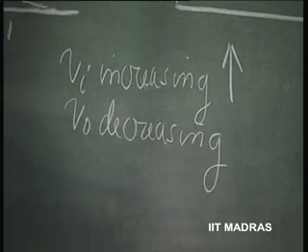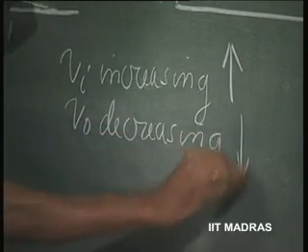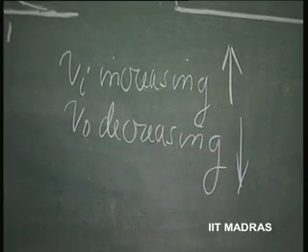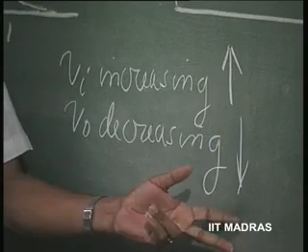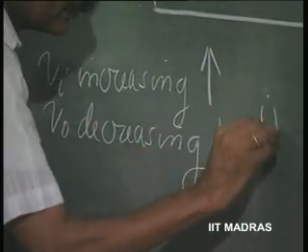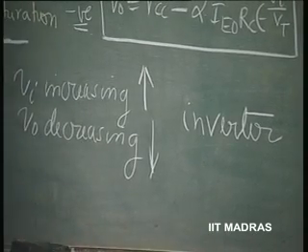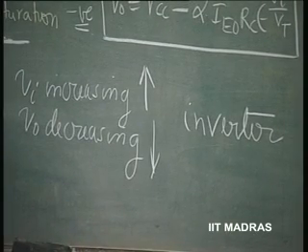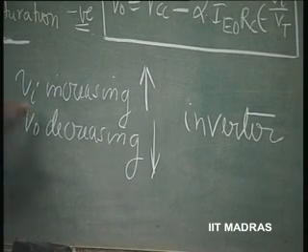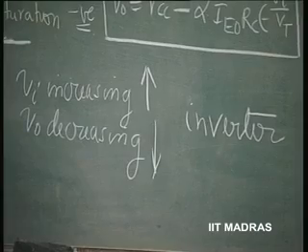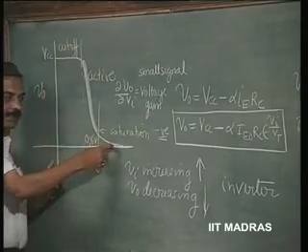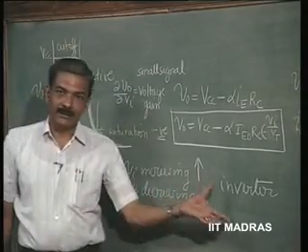Vi increasing means this arrow, right? Output voltage is decreasing. That is why there is an inversion, and that is why this is an inverter. When Vi is increasing, output voltage is decreasing. That is what is meant by inversion.